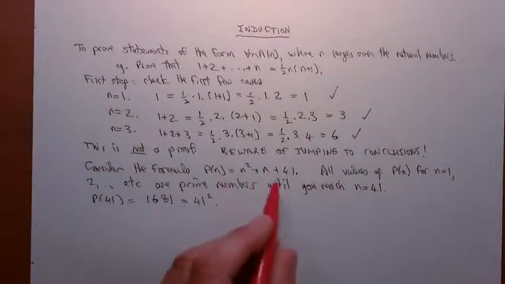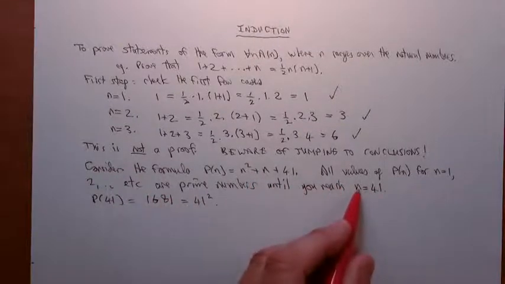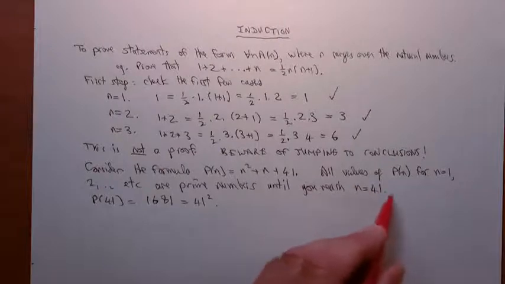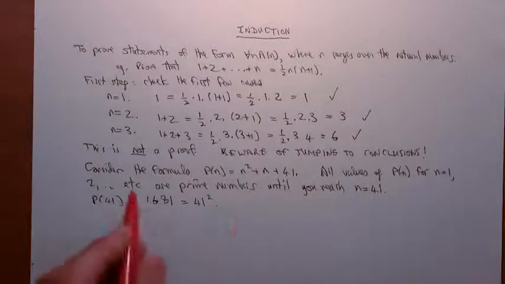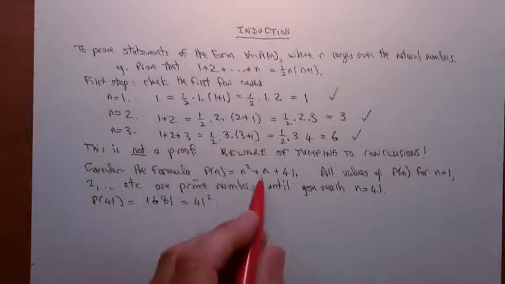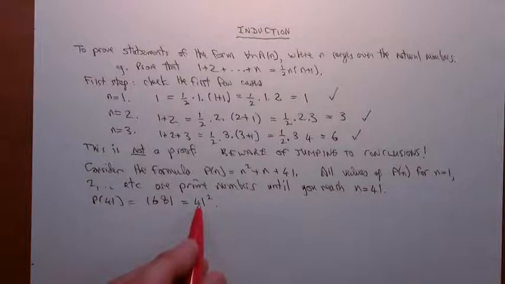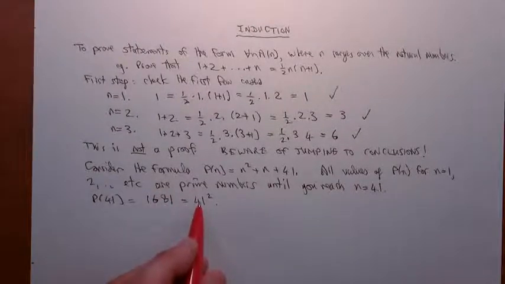So the first series of values for n equals 1, 2, 3, etc., all the way up to 41, which is well beyond the number of cases most people would try out by hand, you find you've got a prime number. But if that leads you to believe that this formula generates primes for every n, then you're going to be wrong, because when you get to n equals 41, it's no longer prime.